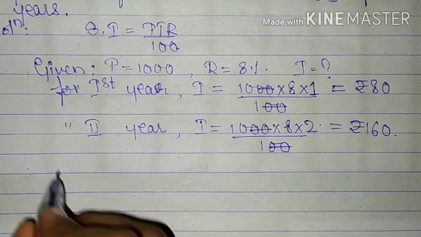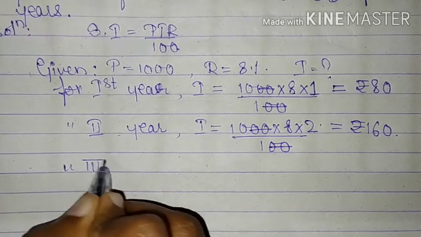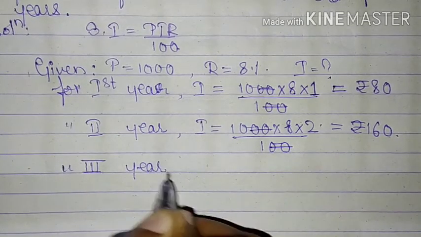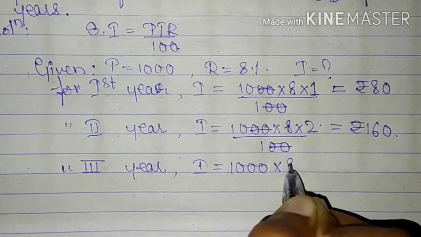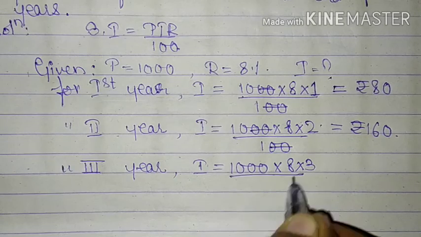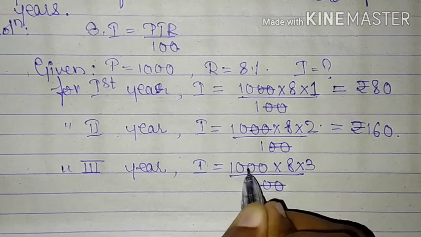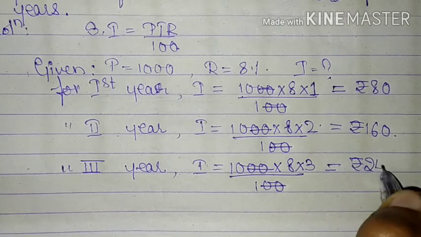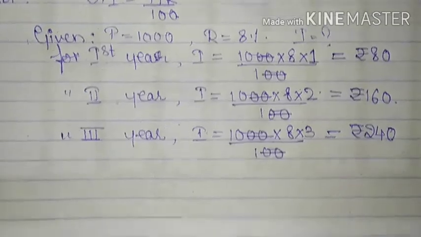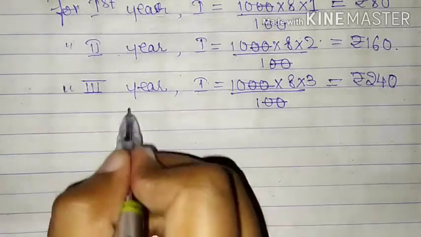160. Now at the end of third year, the interest will be 1000 into 8 into 3 divided by 100. So 8 3s are 24. The answer interest is rupees 240. Now and it goes on like that.